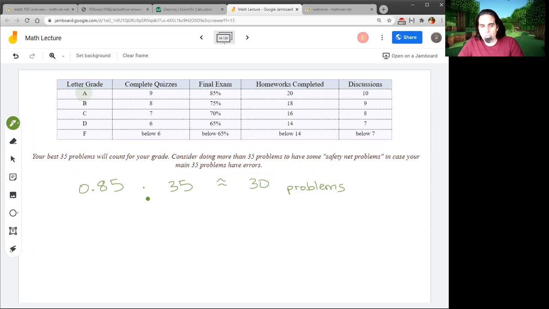I'll grade with a little bit of partial credit because everyone makes silly mistakes here and there. So maybe you will get 28 problems all the way correct and 4 problems halfway correct or something like that. But in overall, 30 problems is your goal. If you're aiming for a B, then you're at 0.75.